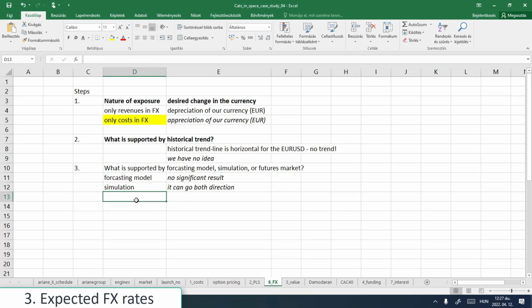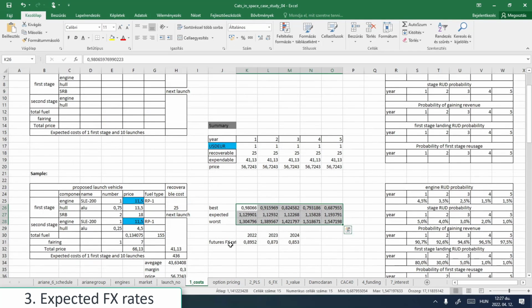And also the futures market data. From the Reuters database, now called Econ database, we were able to collect that for the next 3 years the market expects the euro to appreciate further.